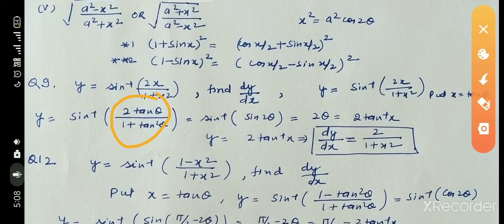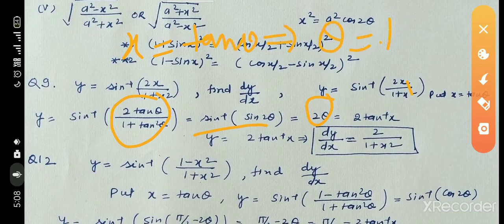And by property of inverse trigonometric function, sin inverse sin x is equal to x, so it will be 2 theta, and theta can be written as tan inverse x. As you know that if x is equal to tan theta, then by property of inverse trigonometric function, theta is equal to tan inverse x.